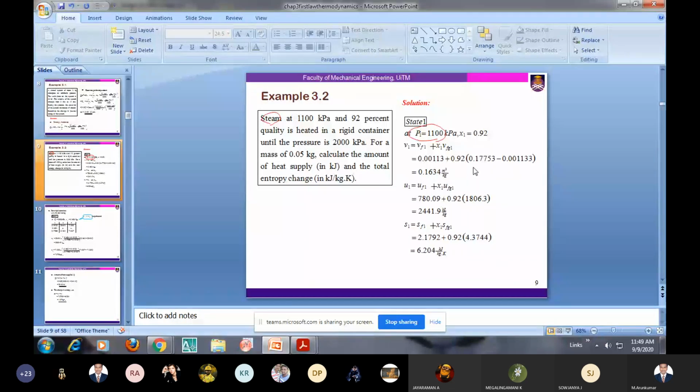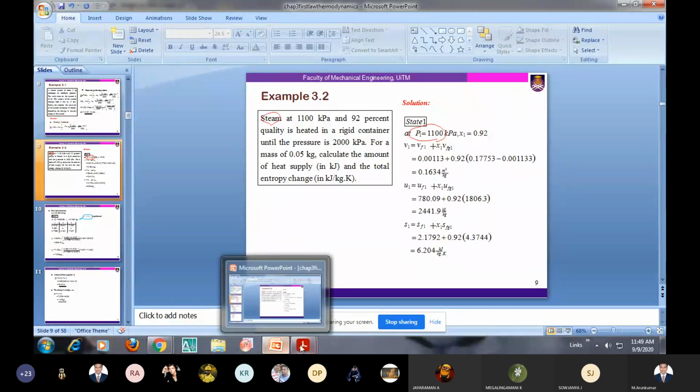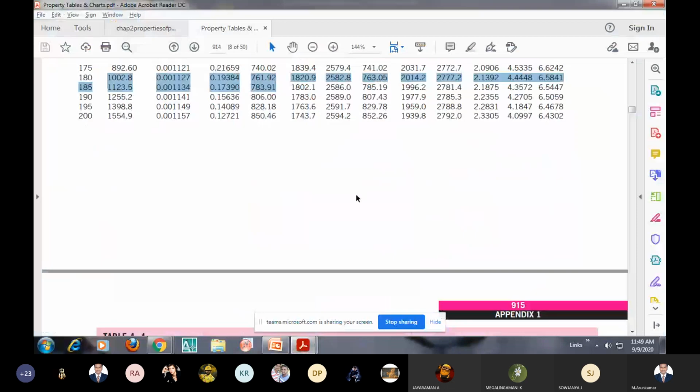So like that, we can find the specific internal energy. The specific internal energy can also be taken from the table. So the internal energy will be here.